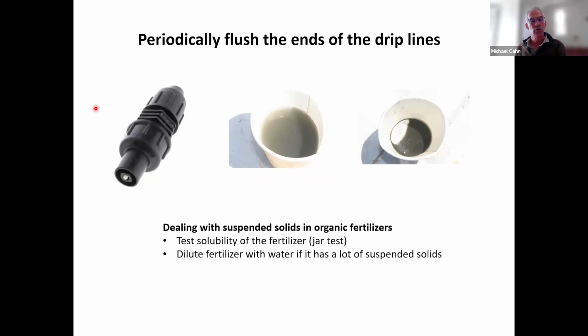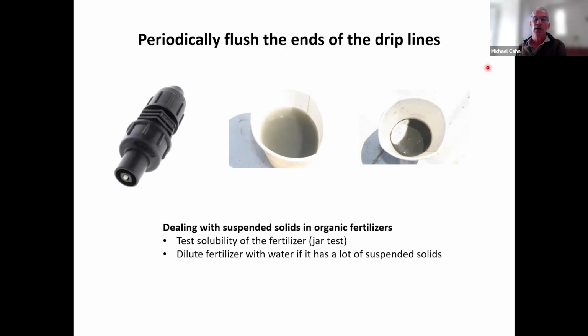One tool we recommend is at the end of the drip lines, there's these that you can put on. They're called flush valves. And so they're spring loaded, and the valve will open when there's not much pressure in the system. So every time you start up the system and turn off the system, you get a flush. And so that really helps keeping the material from clogging the emitters.